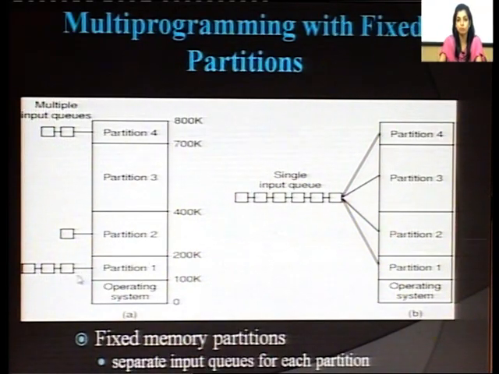If a process needs about 100 kilobytes, then that process goes into partition 1. If a process wants 3 kilobytes of memory, then that process goes into partition 3. So this is a fixed partition in multiprogramming.